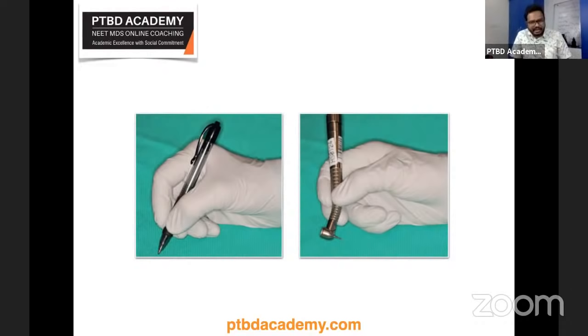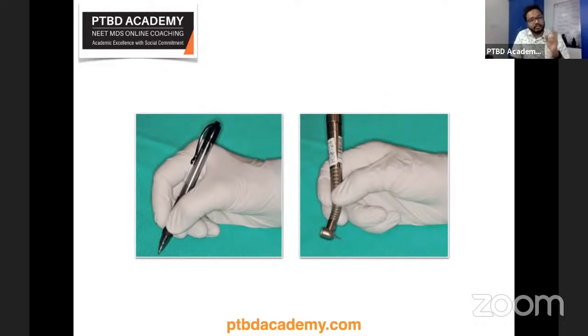So in case of modified pen grasp, as you can see, the middle finger is near the top side of the instrument, allowing a better control. So we're talking about tripod effect, which I'm sure you're all aware of. As you can see, the left illustration represents conventional pen grasp. That's the reason why you see a person holding a pen. And the right one is modified pen grasp.